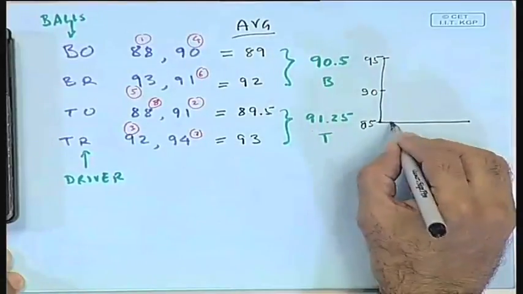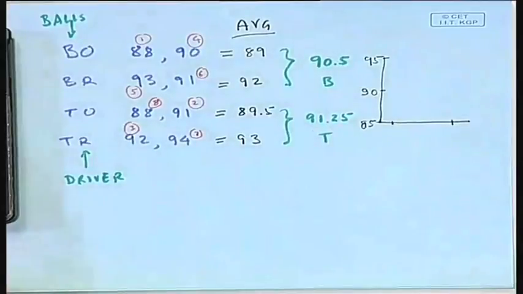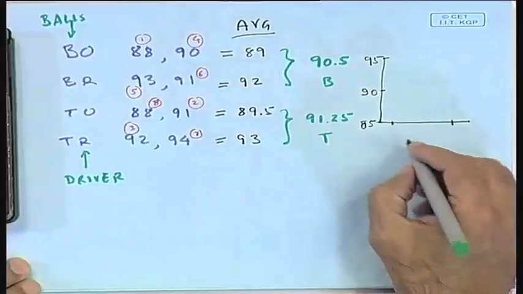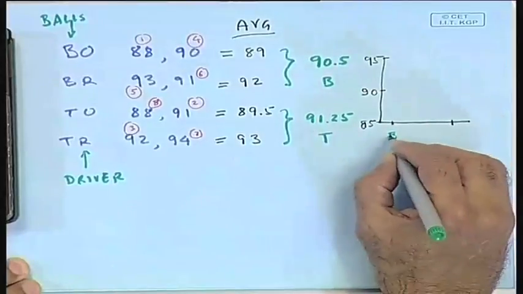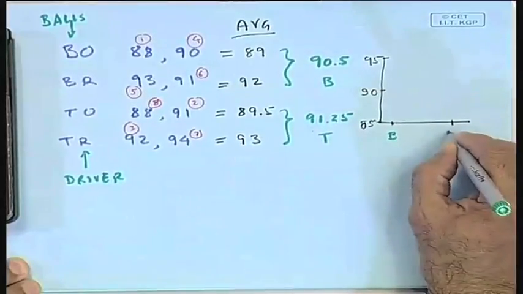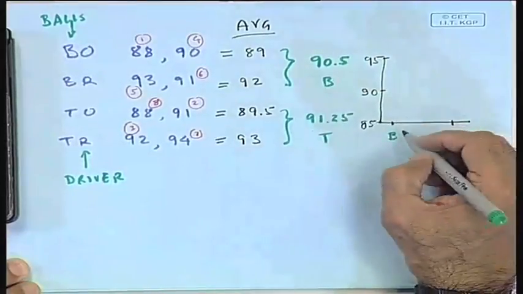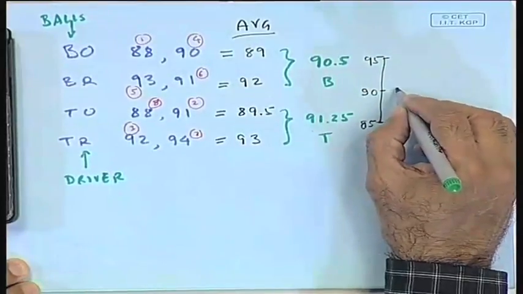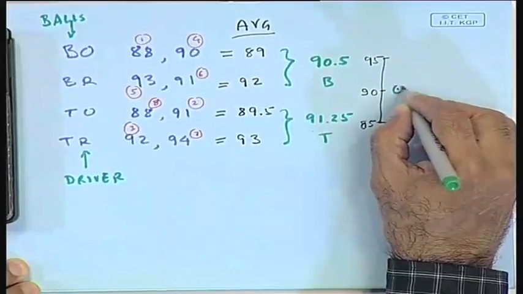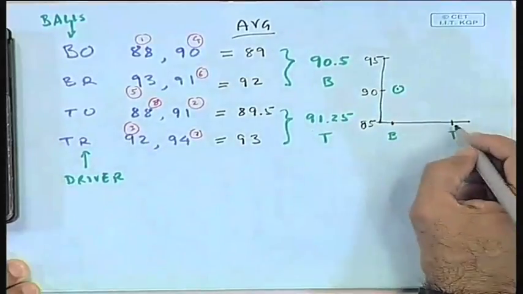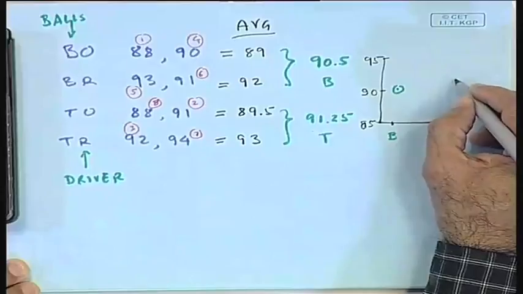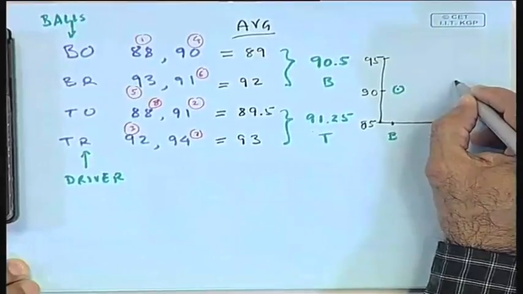And let's put on this side the two ball types, B and T. What do I see now? I see the score of B to be 90.5. That's about here somewhere. Score of T is going to be 91.25. That's going to be somewhere here.